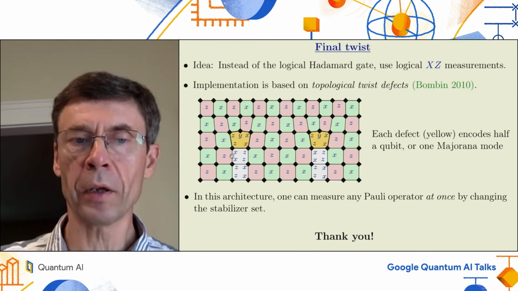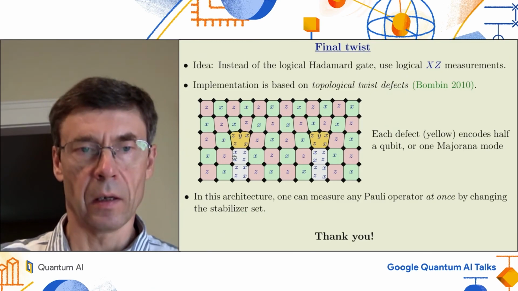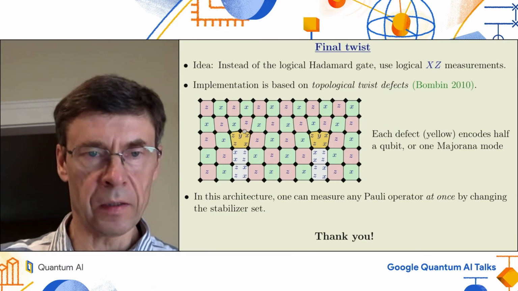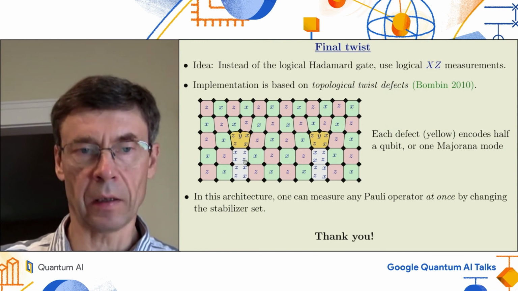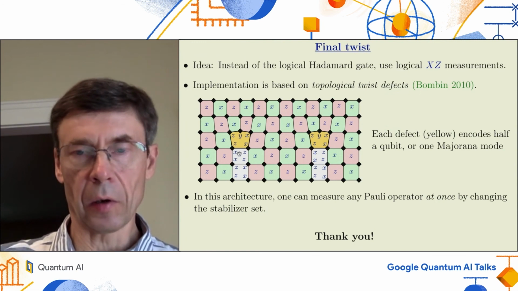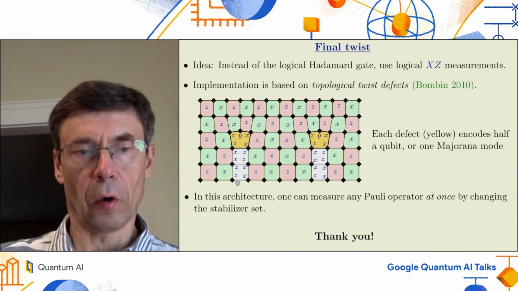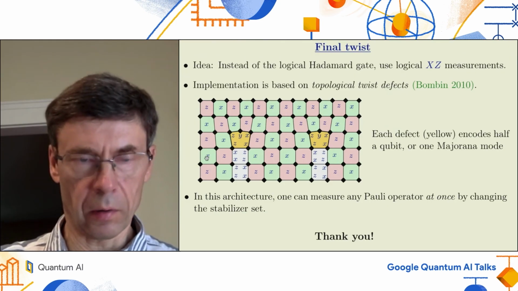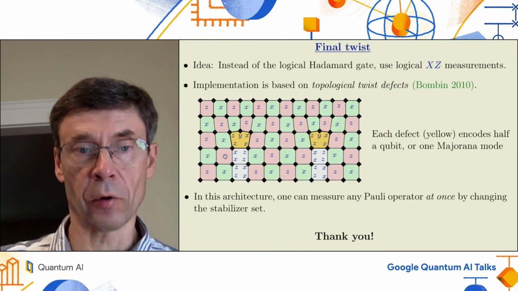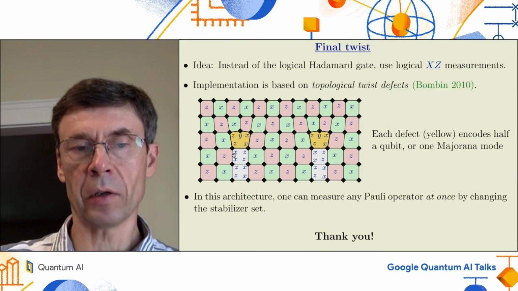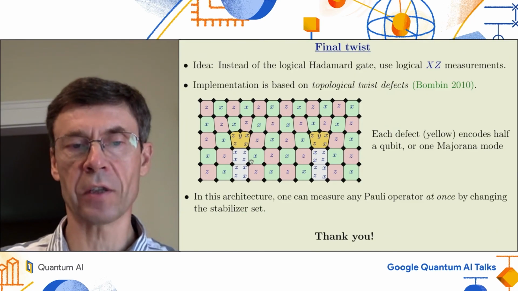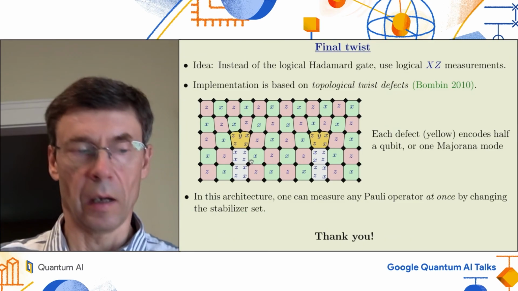These yellow pentagons are the defects. The defects are rather drastic, but there is also a line where the green-pink periodicity is broken and the corresponding plaquette operators are mixed. They have a mixture of sigma x and sigma z.